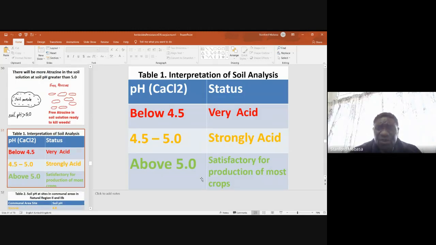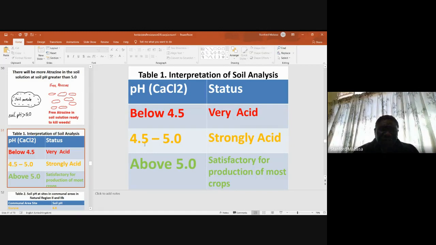Here I'm just going to show you the interpretation of soil analysis with regard to pH. Soil with below 4.5 pH is very acid. The one between 4.5 and 5 is strongly acid.